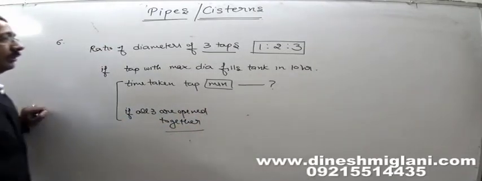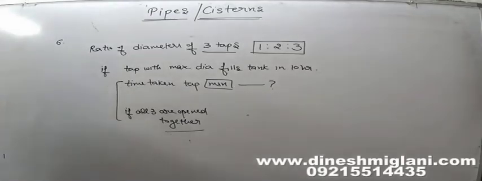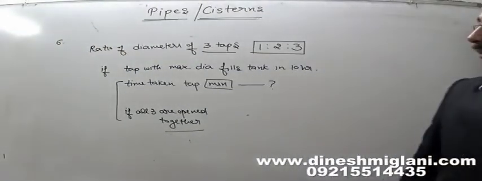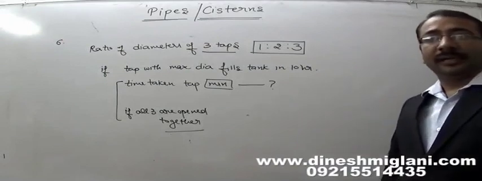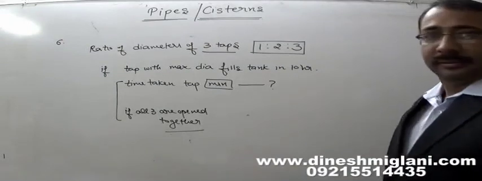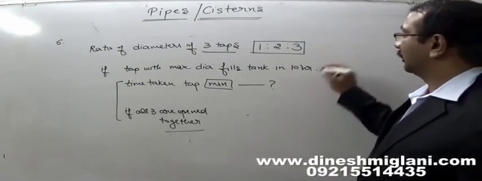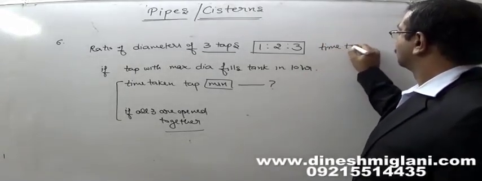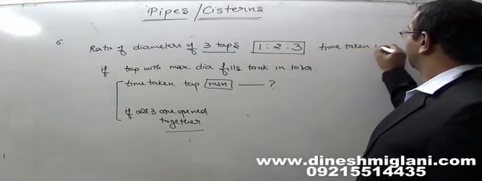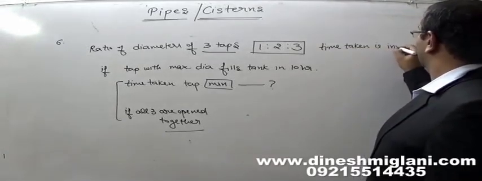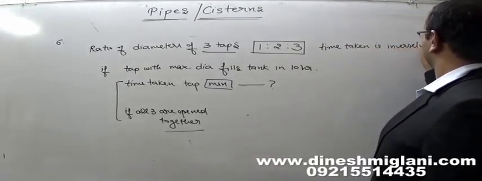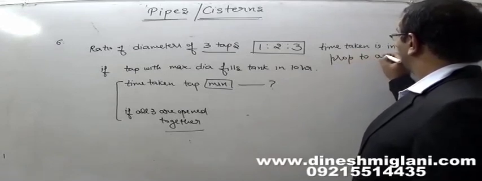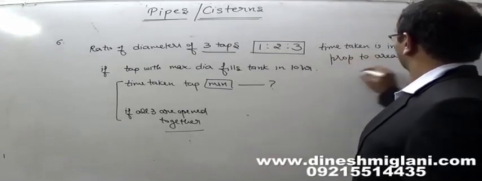Let us try to understand. Whenever the ratio of the radius or diameter is given, one thing is clear: time taken is inversely proportional to the area of cross section.